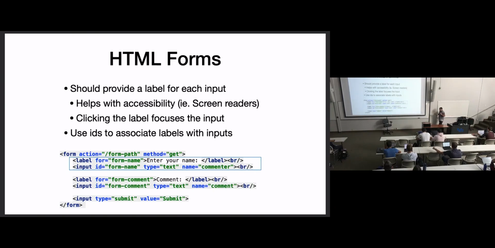If somebody is potentially blind or can't see that text is physically located next to this input, and they're relying on that screen reader, the label tag is going to let them know, hey, this is associated with this input. It allows them to use the internet, makes the internet more accessible.